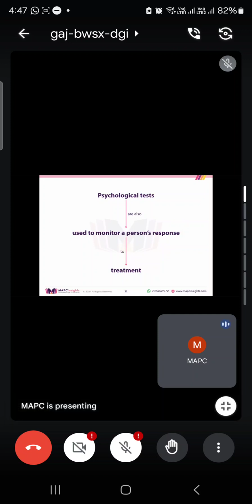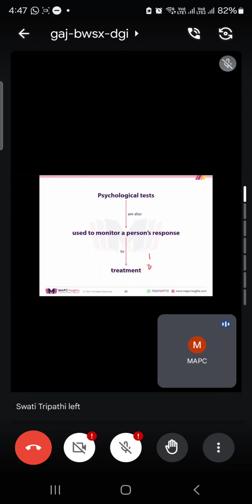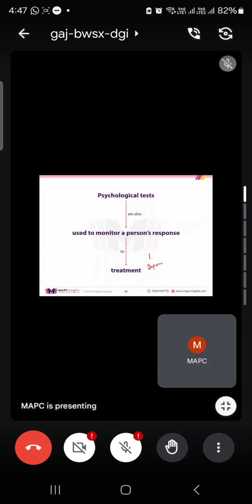Psychological tests are also used to monitor a person's response to treatment. Understand one thing: if a person has depression, say the treatment starts on day 1 and goes on for 1 month, then we can perform the test again and check the person's response to treatment, whether the treatment is effective or not.